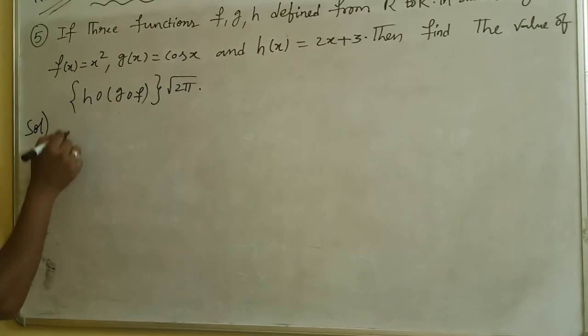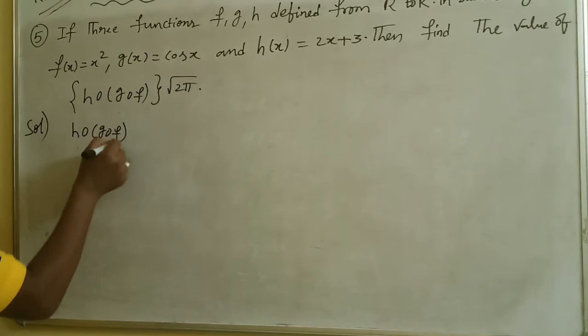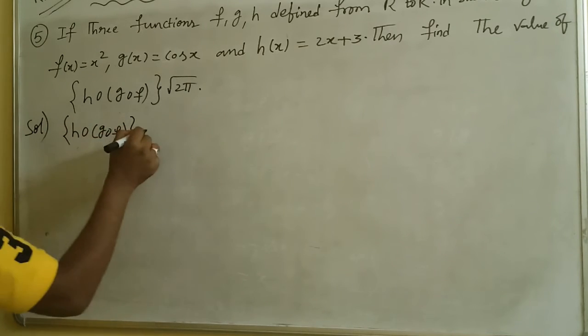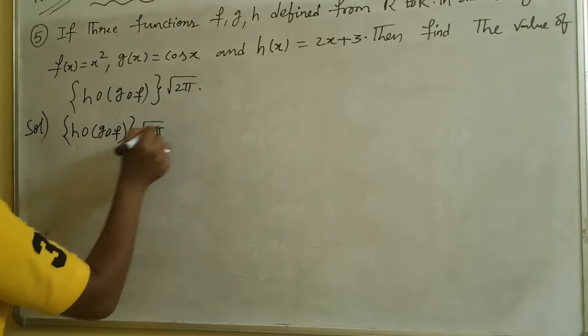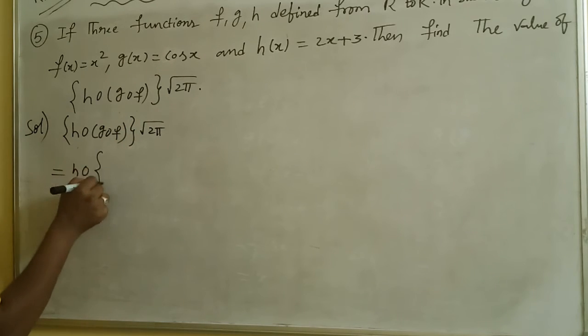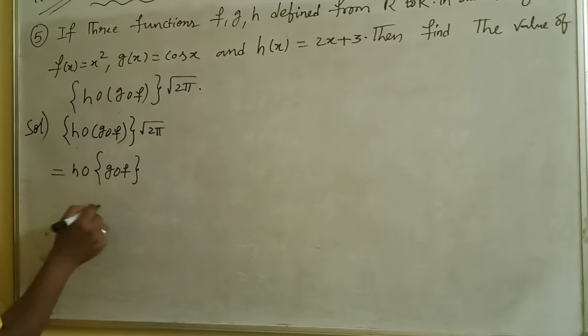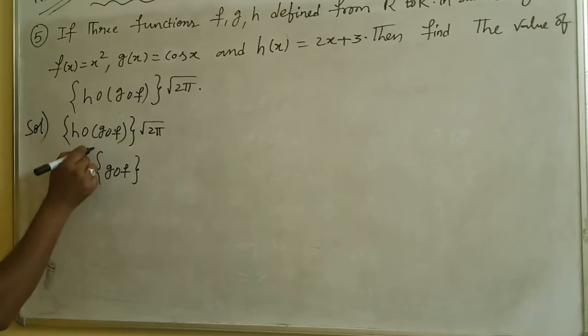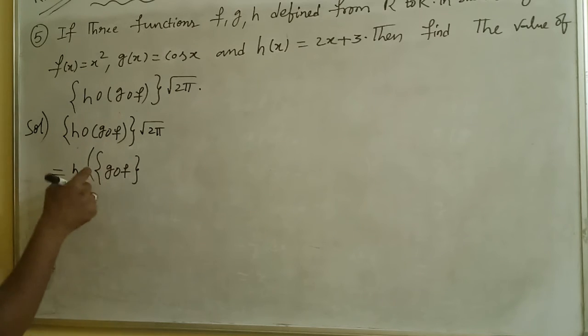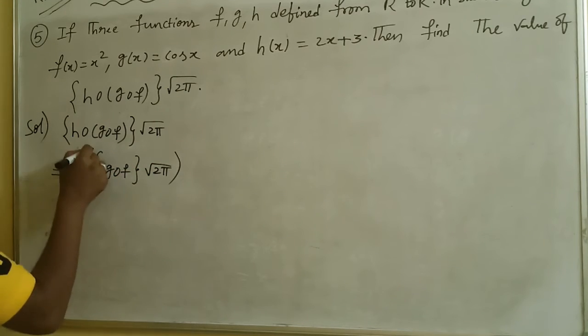First, h circle g circle f of root 2 pi is equal to, how we'll write: remove the circles and keep a bracket, h circle g circle f of root 2 pi.